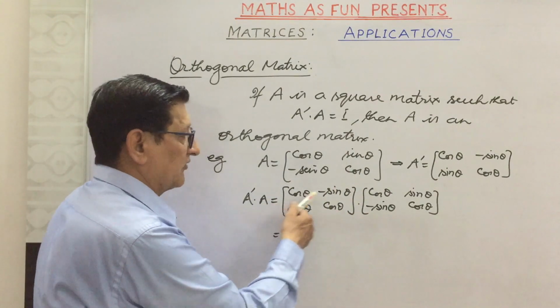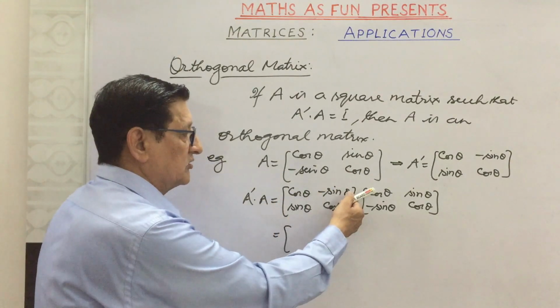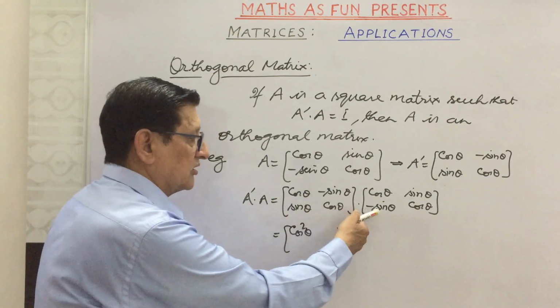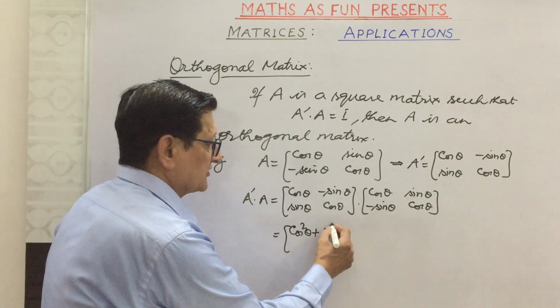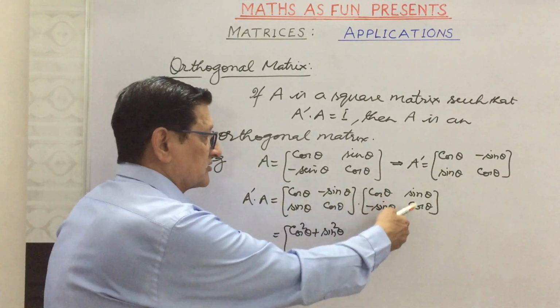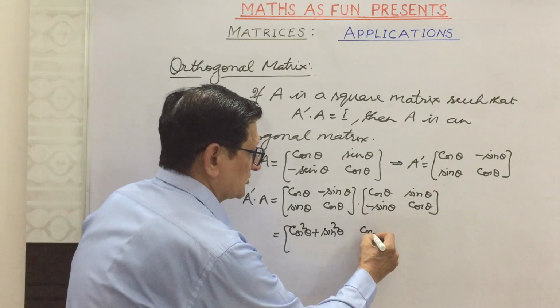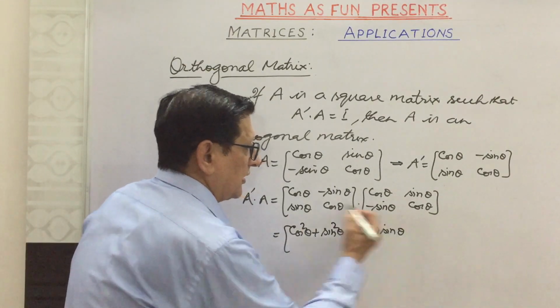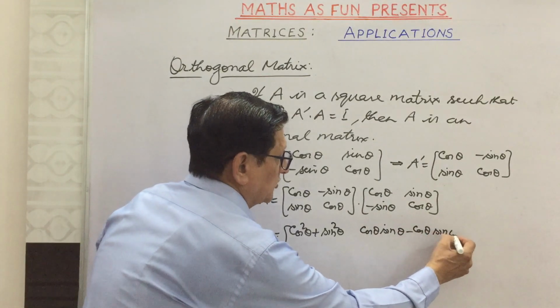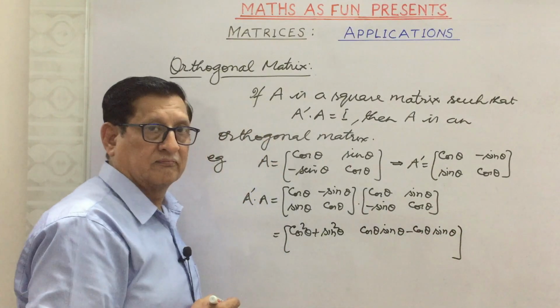So when we multiply the first row, it is cos theta into cos theta, cos square theta, minus sin theta into minus sin theta, plus sin square theta. First row and second column, this is cos theta into sin theta, minus cos theta into sin theta.